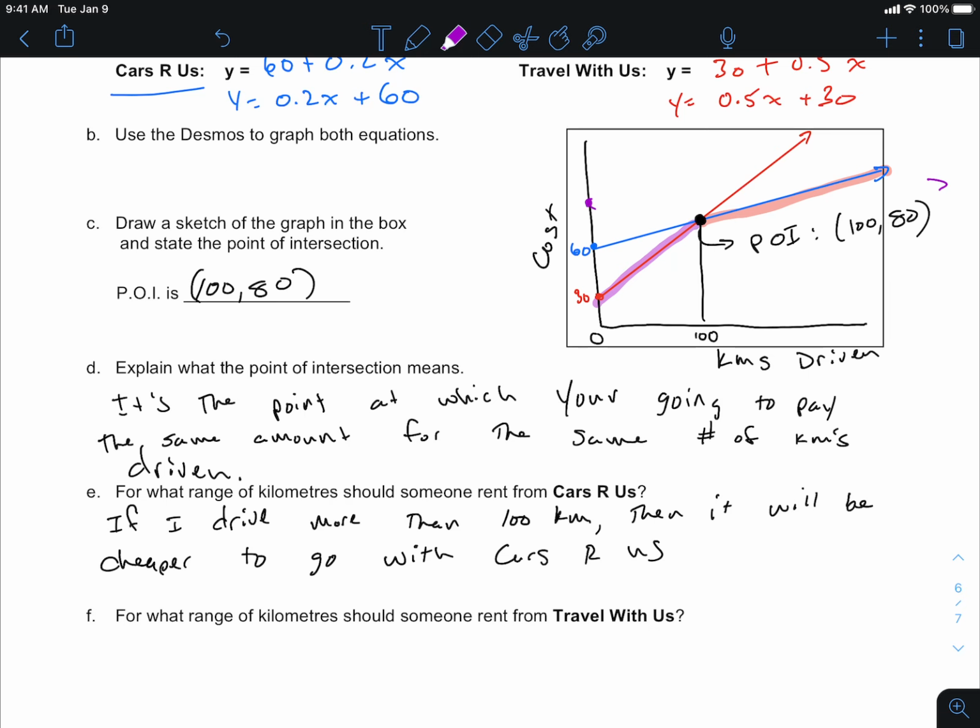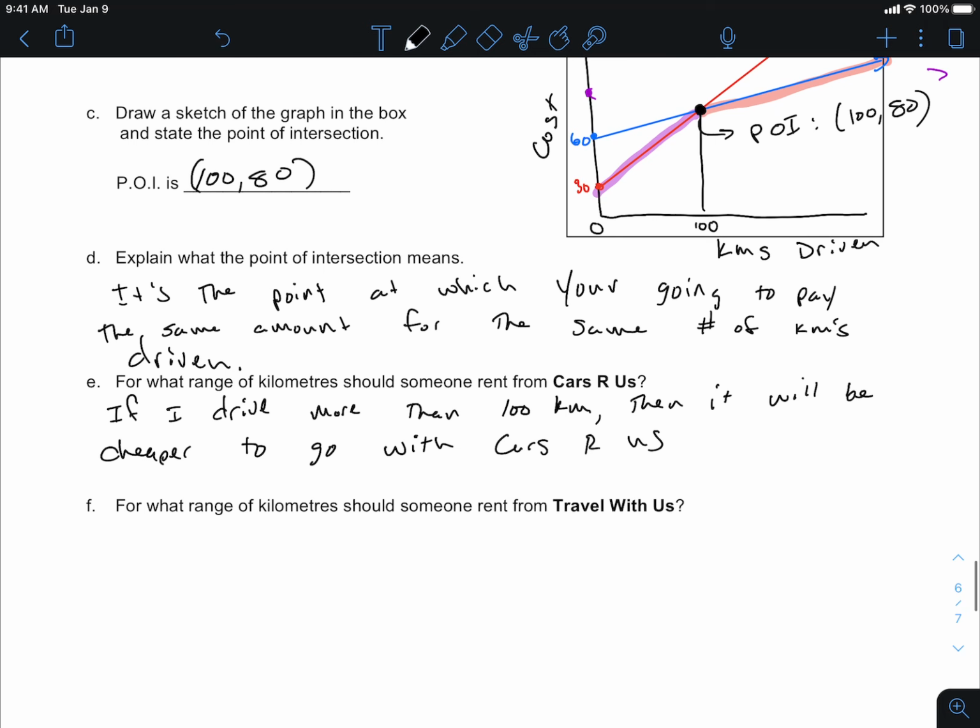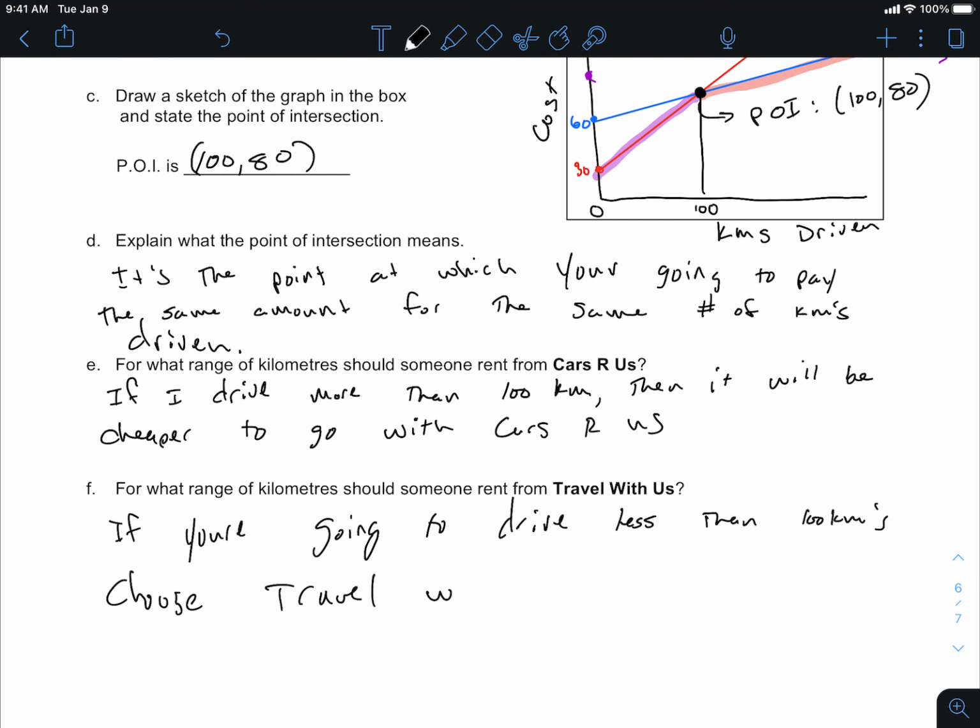If I choose to drive the car less than 100 kilometers, then I'm going to choose the other company, Travel with Us. Okay, and that's it.